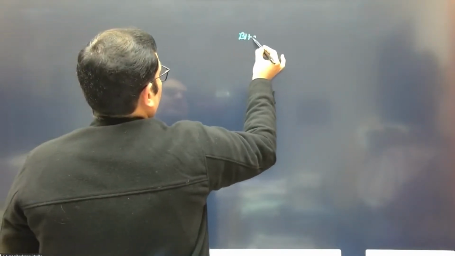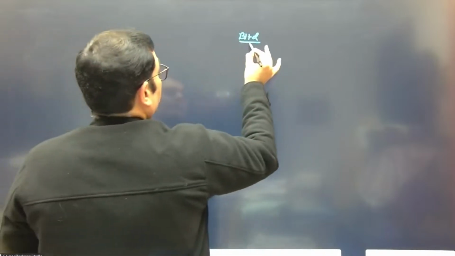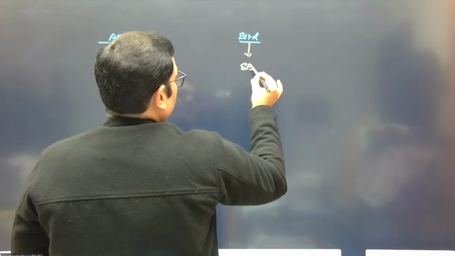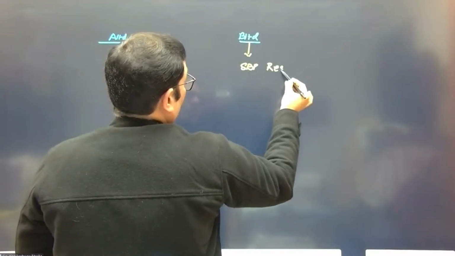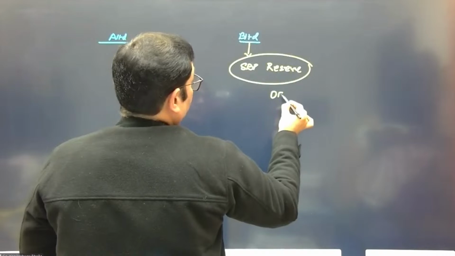So if you look at A Limited and B Limited, let's see the accounting in terms of this. B already has an SBP reserve in its books of accounts. This SBP reserve is supposed to be other equity.